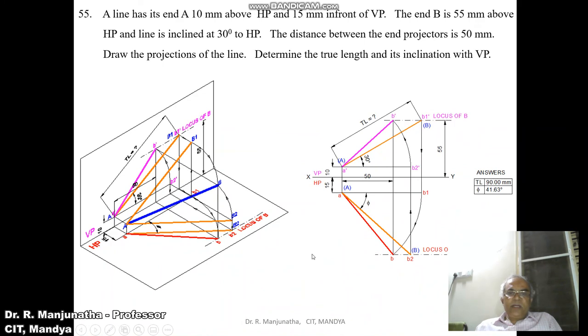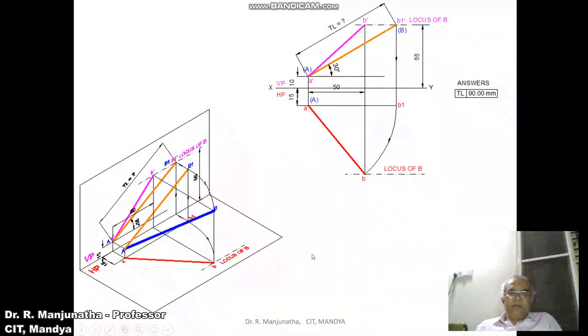Now we will take up the individual cases. In the first case, what we have done is, first the end A, which is above HP and in front of VP, and we also know the distance above HP, which is 55 mm, already given. So when it is given, you get the locus of B in the front view.